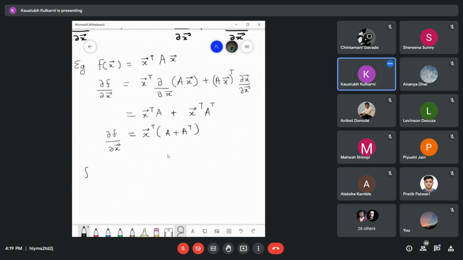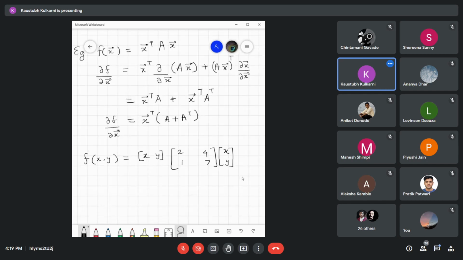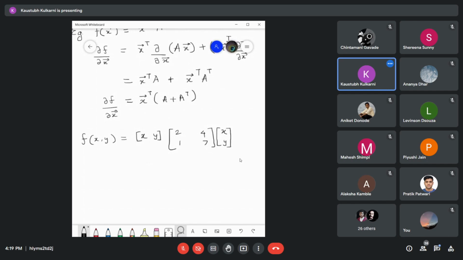So for example, f of xy is equal to xy multiplied by any numbers, multiplied by xy. Okay.